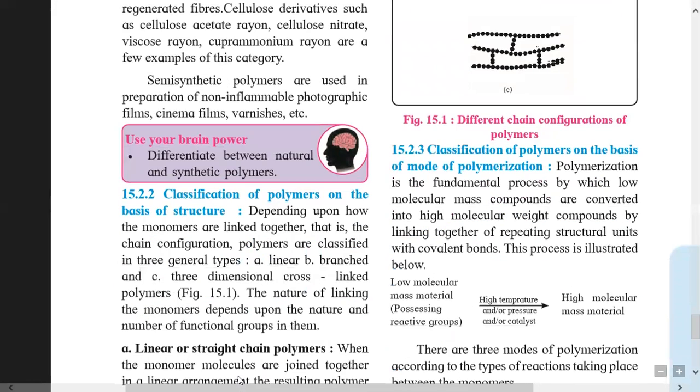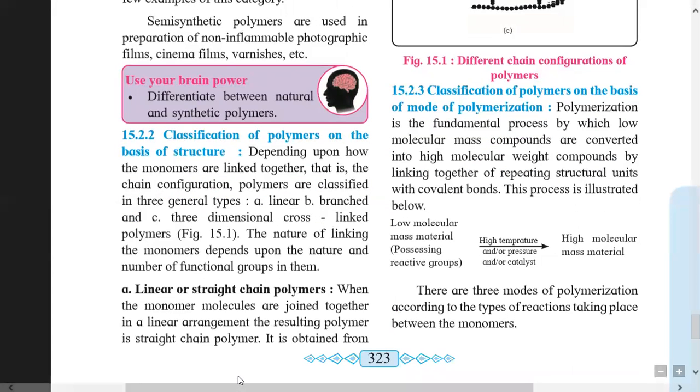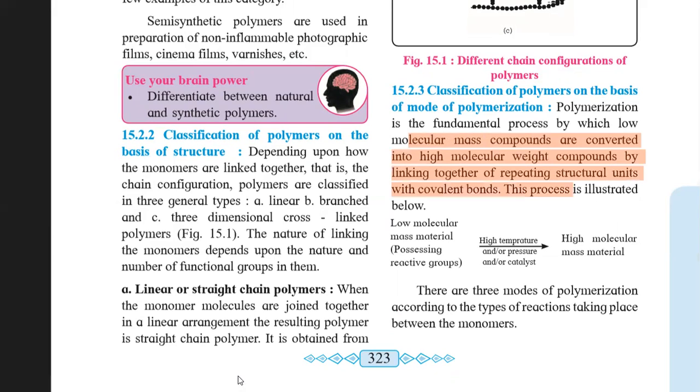Then third type is classification of polymers on the basis of mode of polymerization. The polymerization is the fundamental process by which the low molecular compounds are converted into high molecular compounds by linking together of repeating structural units with covalent bonds.